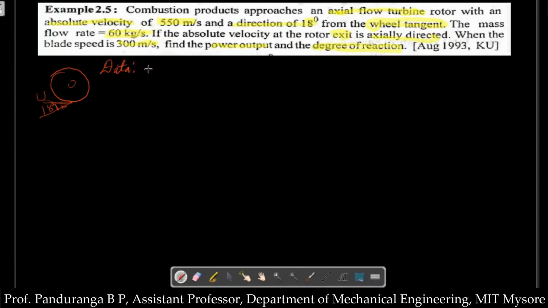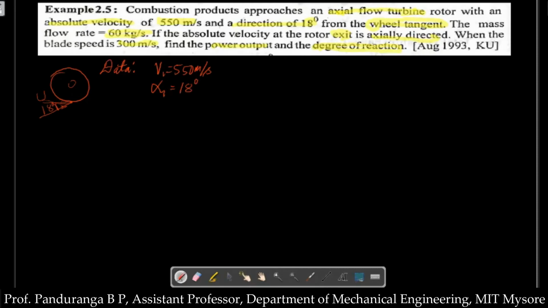The given data are: absolute velocity at the inlet V1 is given as 550 meter per second, and the direction of V1 is alpha 1, which is equal to 18 degree.